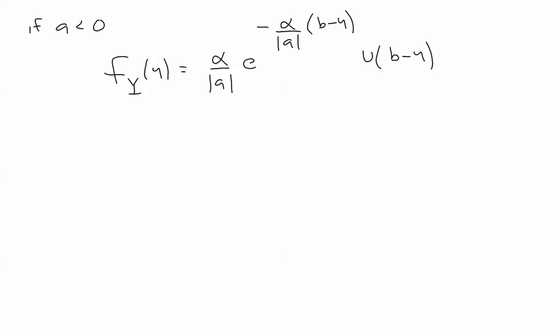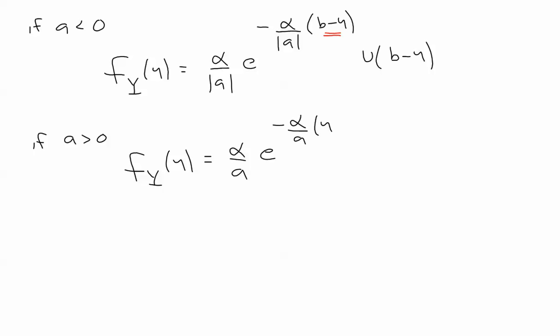You'll notice now I put in absolute values around a in the exponential, but I reversed b and y also in the exponent. And as a summary, if a was positive, my probability density function was what? Alpha over a e to the minus alpha over a (y minus b) u of y minus b.